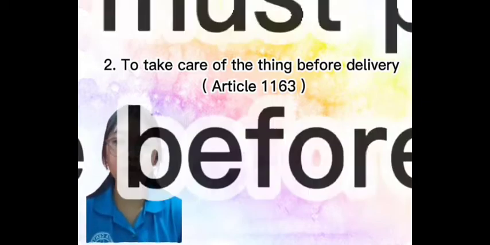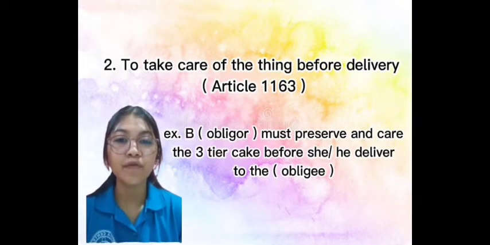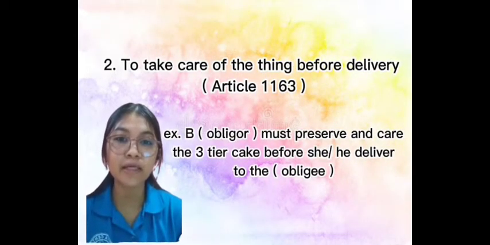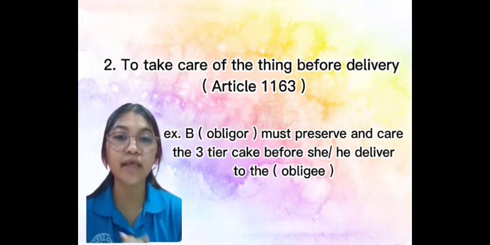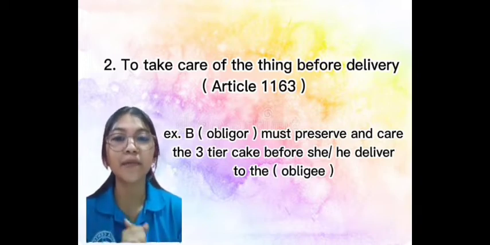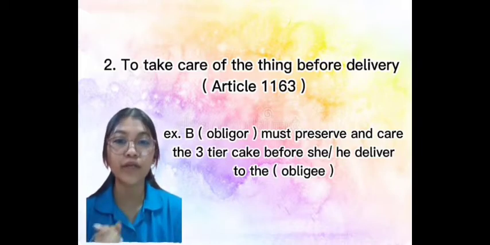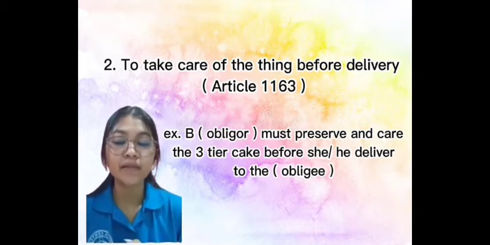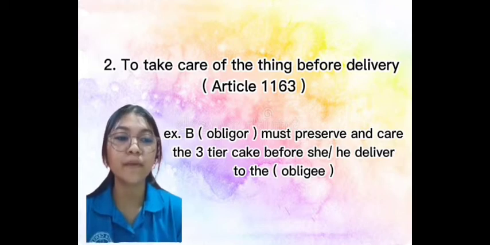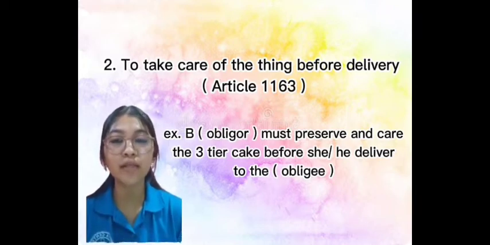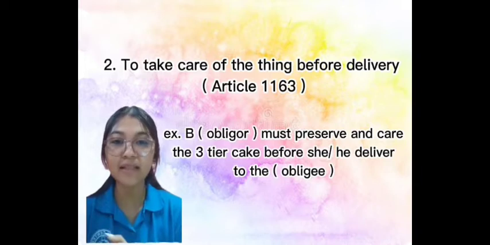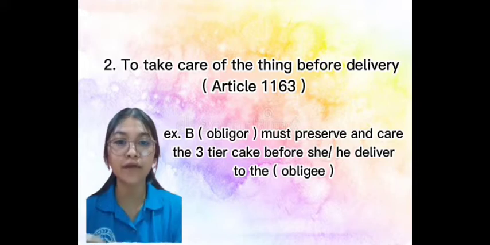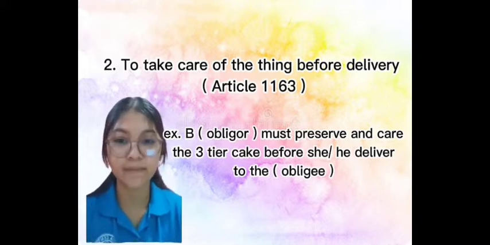In example 2, before B delivers the 3-tier chocolate cake to A, B must take care of it and preserve it. B must exercise the diligence of a good father of a family, protecting and caring for it as a father would for his family, before delivering it to the obligee.